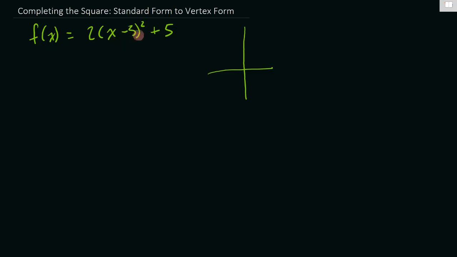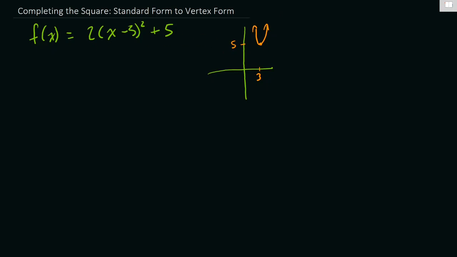And this (x minus 3) squared tells us that if we put 3 in for x, we'd get 0 squared. So we're going to have our vertex at x equals 3, and it's going to go through the point 5 at that point, right? Because 2 times 0 squared would make this whole thing 0. So you're left with 5. So we've got a vertex at (3, 5), and it opens up, right? Like that's really nice, being able to sketch a quadratic really quickly like that. So vertex form, amazing.